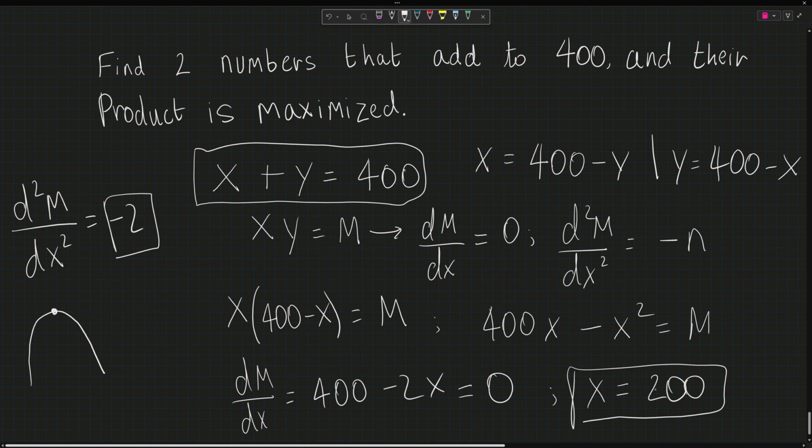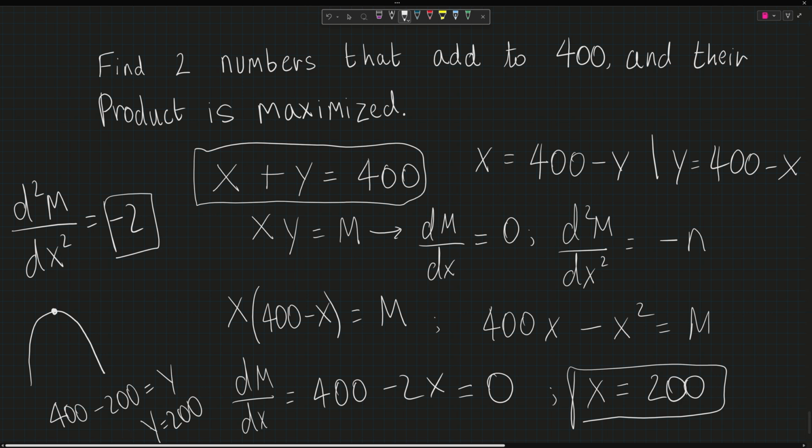So as x equals 200, we get our product that is maximized. But we only found x, so how about y? Well, we take this x and we put it in this equation here. So all we have to do is 400 minus 200, which equals y, and y is also equal to 200.